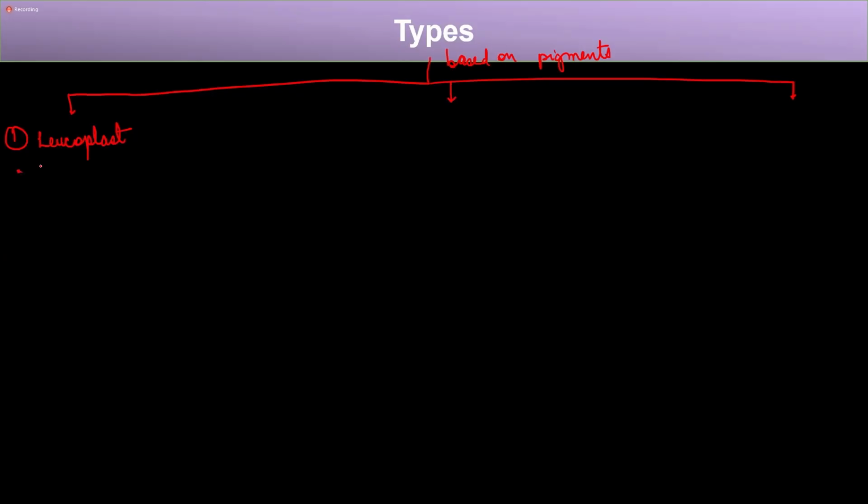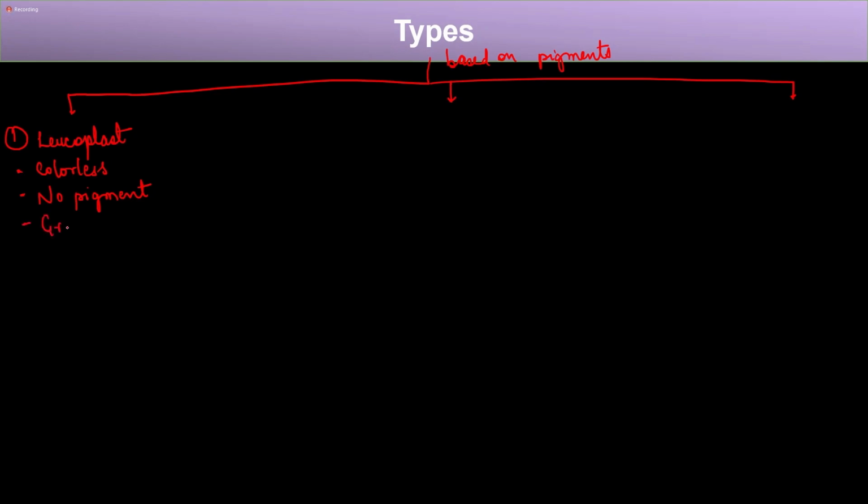And the leucoplasts are colorless. So they do not have any color and hence they do not have any pigment, because pigment is responsible for color, right? So the leucoplasts do not have any pigment and hence they are colorless.